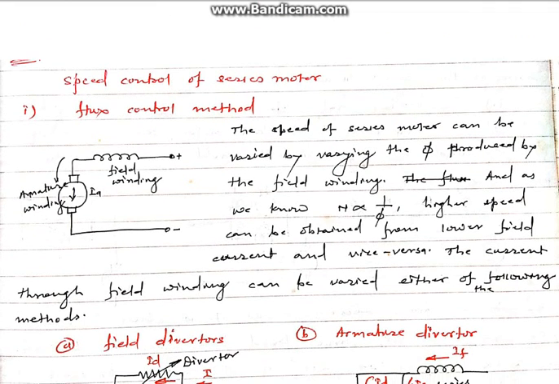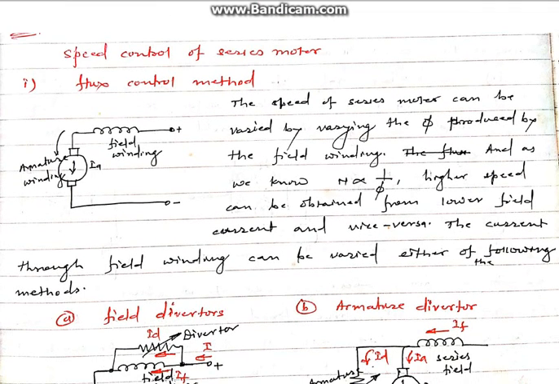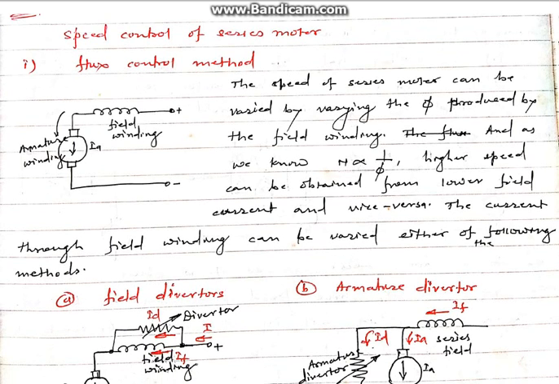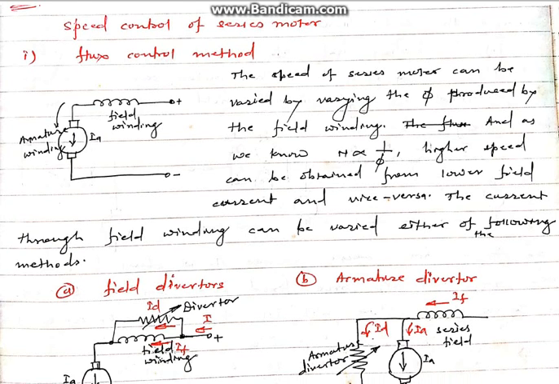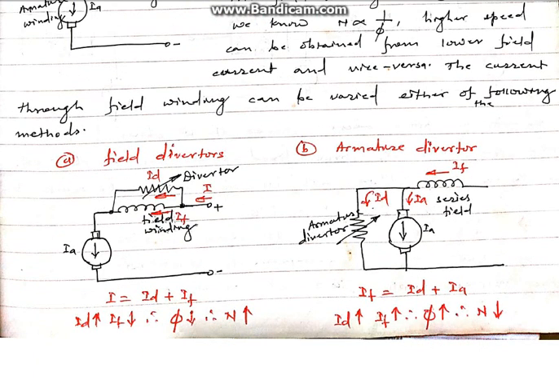Now the next DC motor is the DC series motor. The schematic of the DC series motor is as shown in the figure, wherein the field winding and armature winding are in series. So this type of motor is called a DC series motor. In the field control method, the current flowing through the field winding is varied by connecting a diverter across the field winding.